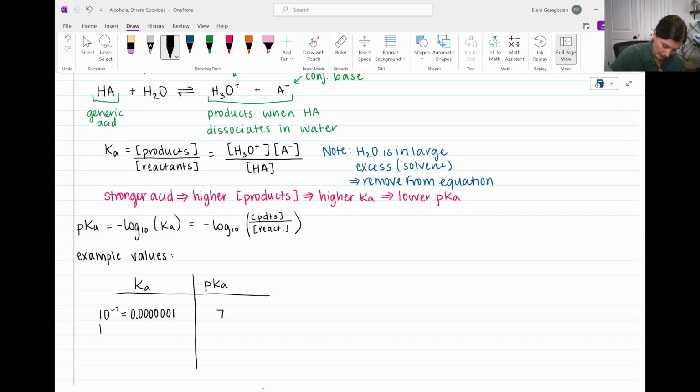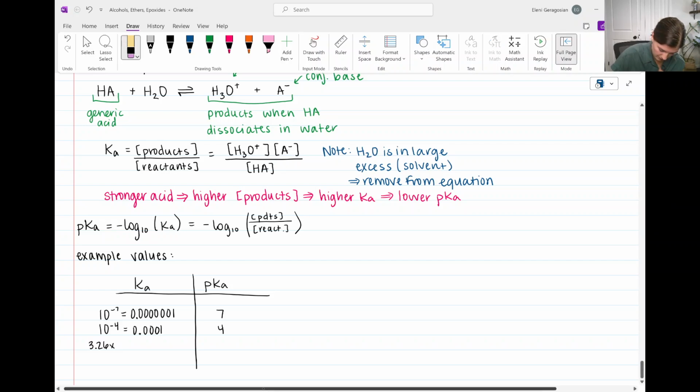If we have 10 to the negative 4, so 0.0001, take the pKa of that, you have a pKa of 4. We have a Ka of 3.26 times 10 to the negative 3. This is 0.00326, and its pKa is 2.49.